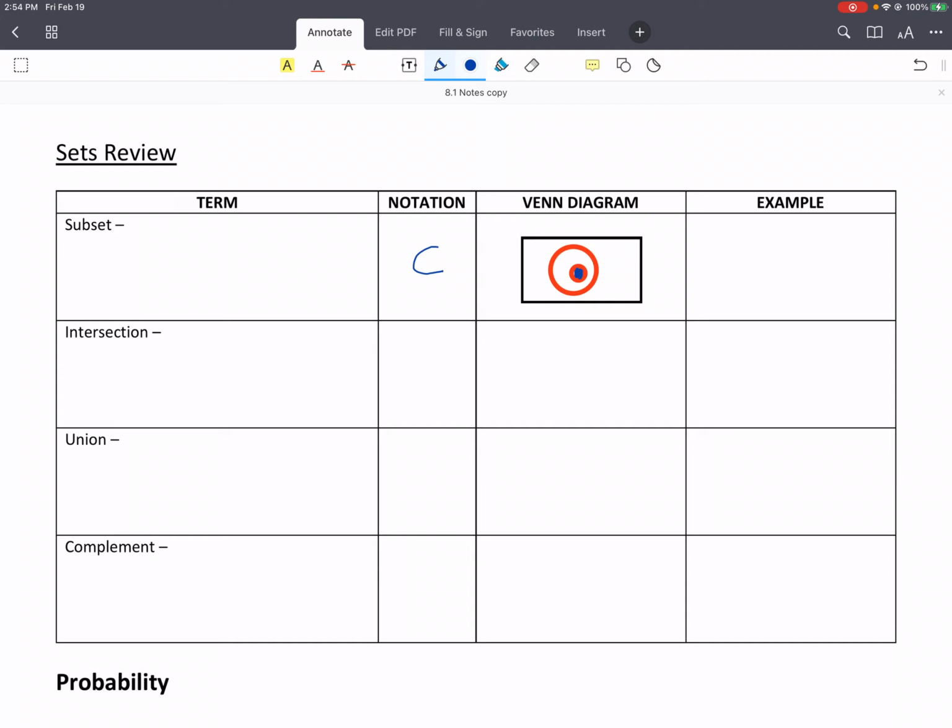That would be a subset of this bigger set, let's call that A. So that would be a subset of that one there.